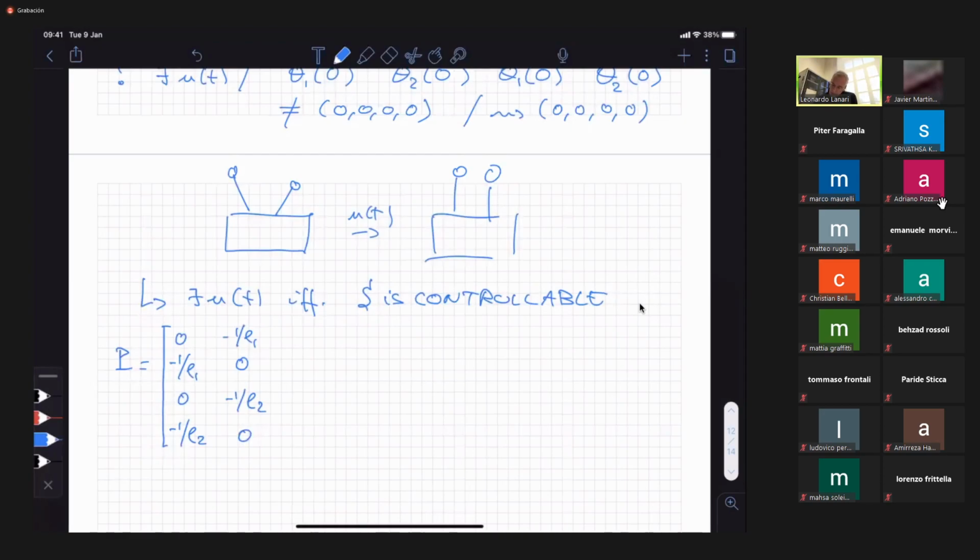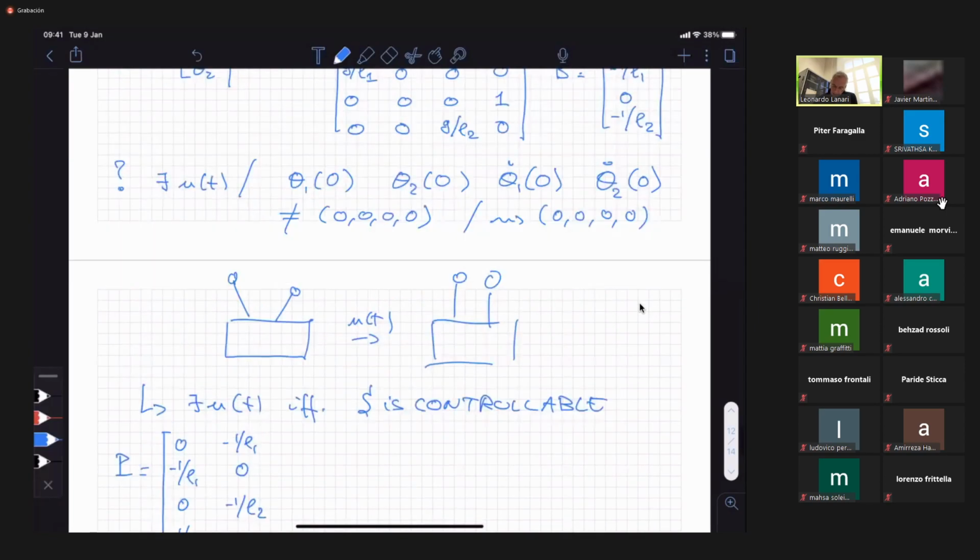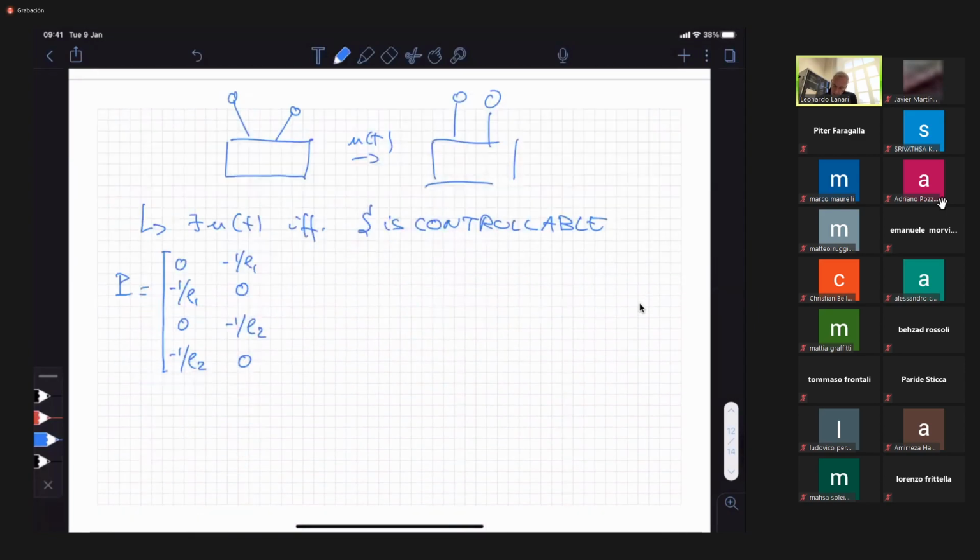A squared B would lead to G, minus G over L1, 0, minus G over L2 squared. And finally, A cubed B would be minus G over L1 squared, 0.